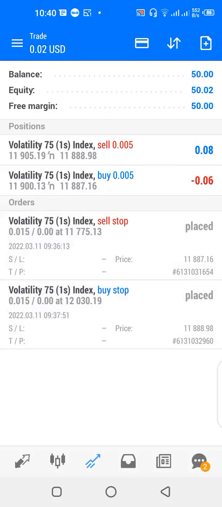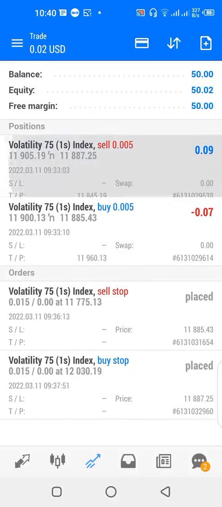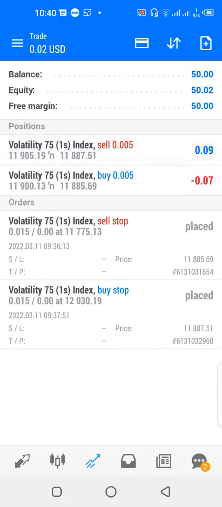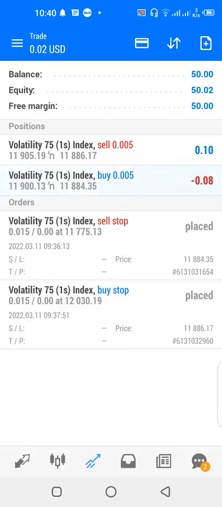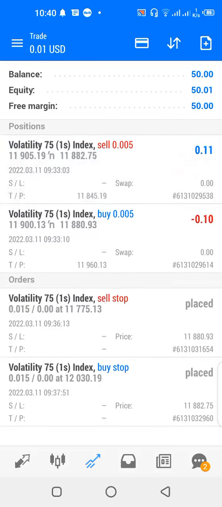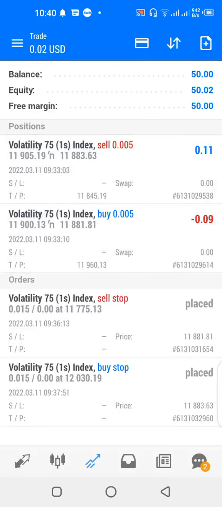strategy proper. So for me to start the Grail Hedge strategy proper, I'll have a sell stop, I'll have a stop loss for the untriggered trade. I expect one of these two trades to get triggered, so I expect the take profit of one of these two trades to get triggered. Now, if this sell trade that is in profit has its take profit triggered and it closes out, then I have this buy trade running in drawdown.